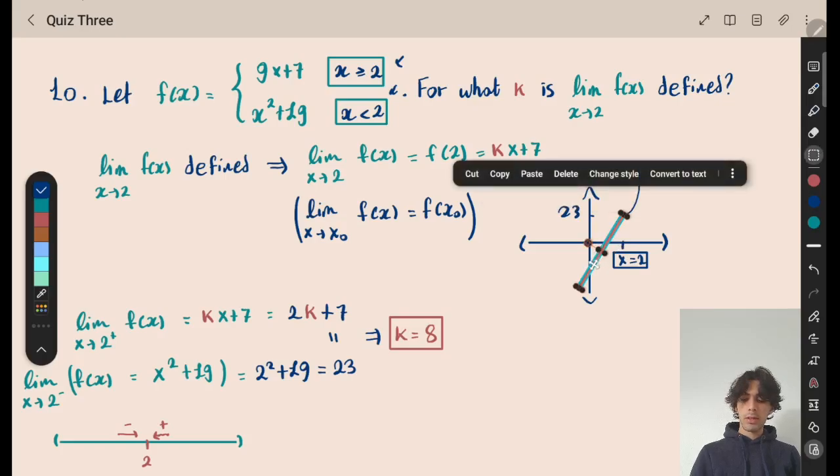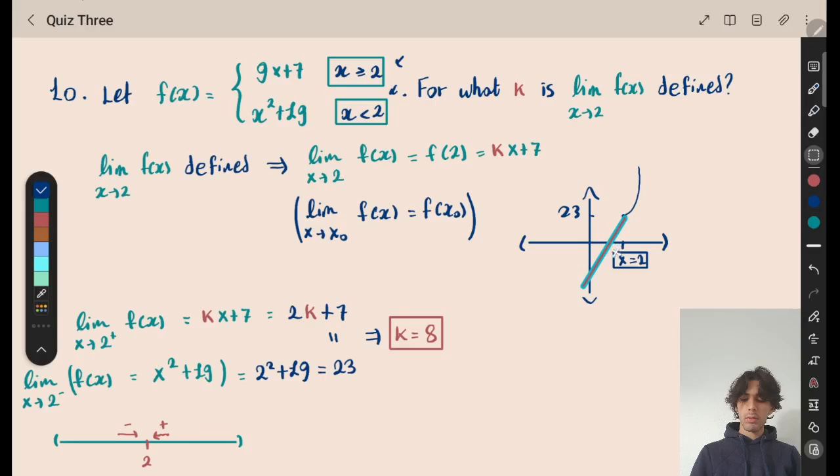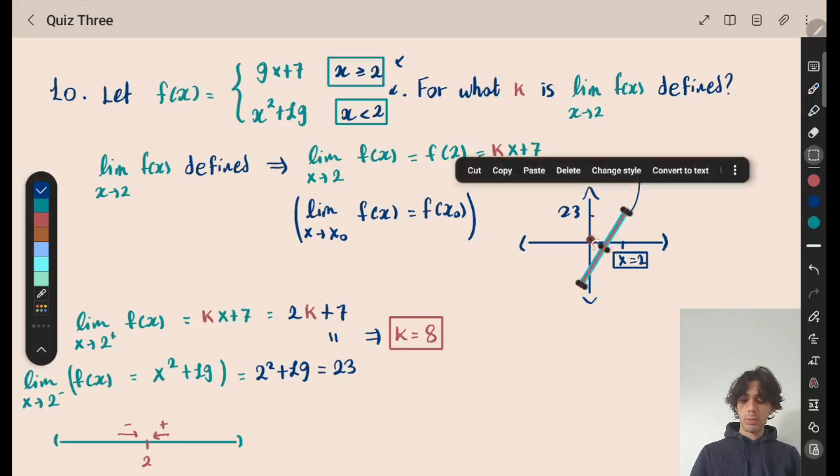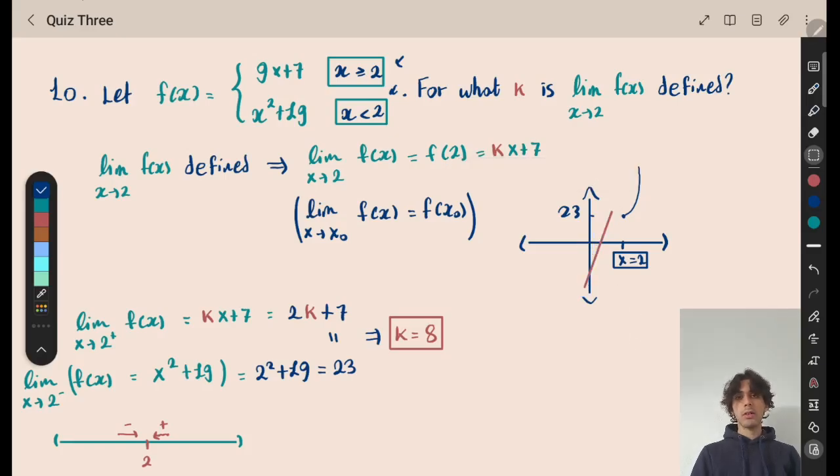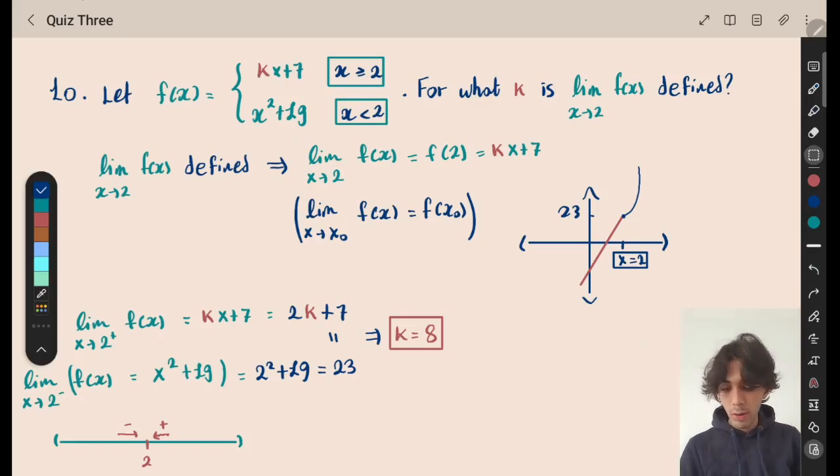It will be the same starting point, but tilted a little bit higher, so it will have a steeper slope. And if it has a steeper slope like this, if it's 9x plus 7, then they don't intersect. That's not a bad thing, but you need to know what you're doing.